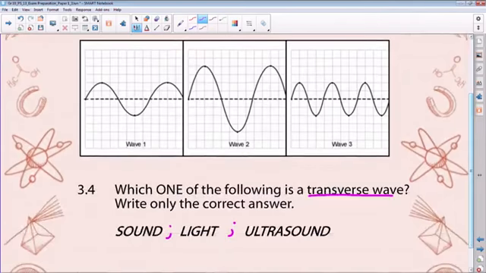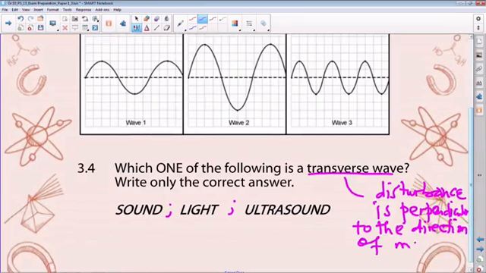That gives us what we call a transverse wave or motion, right? So in this case, transverse is light, because it's not sound. Sound is longitudinal. So light will be a typical transverse wave, right? Very, very key. Transverse wave.